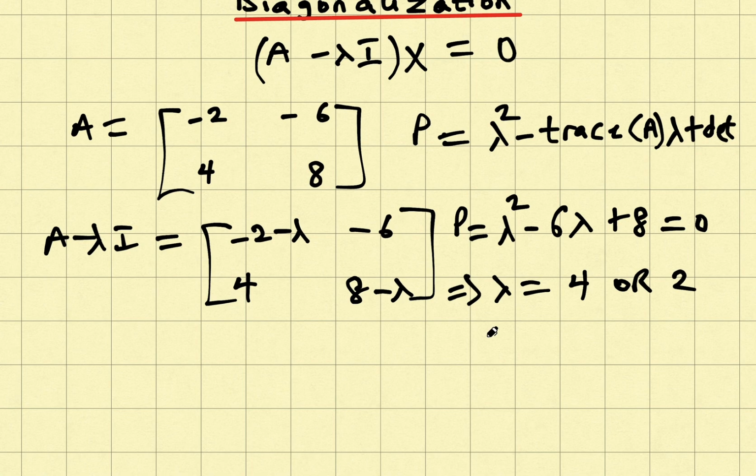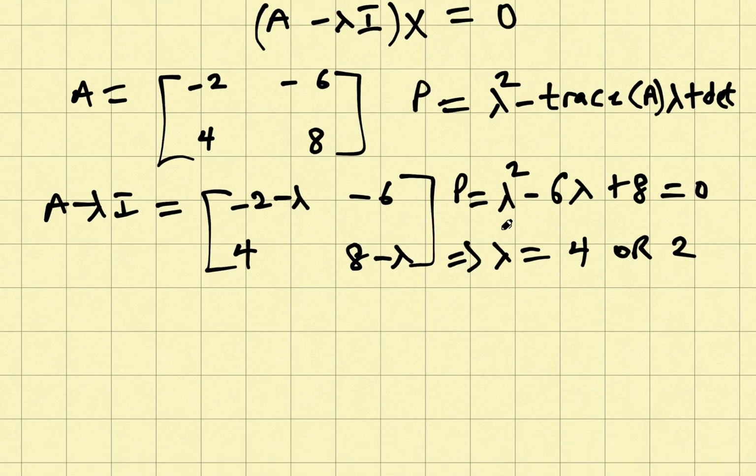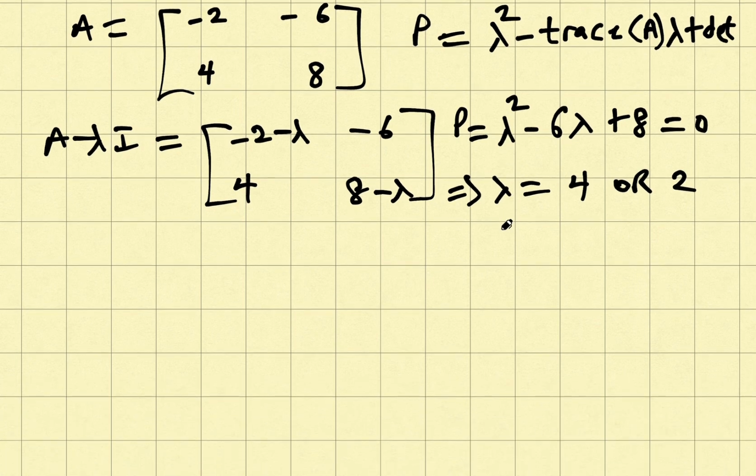Now, how do we get the eigenvector? All we need to do is to substitute into this expression. And this is just like a simultaneous equation. If we want to solve it by using the Gauss method, we just need to augment this entire matrix with 0 and try to solve for it. One of the things I introduced in that note as well is solving a system of equations that is all completely equal to 0.